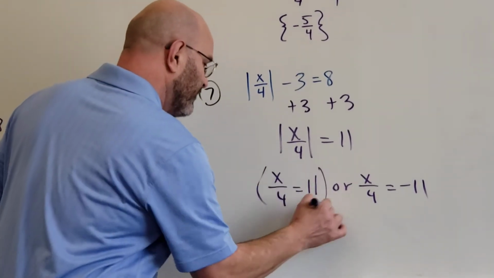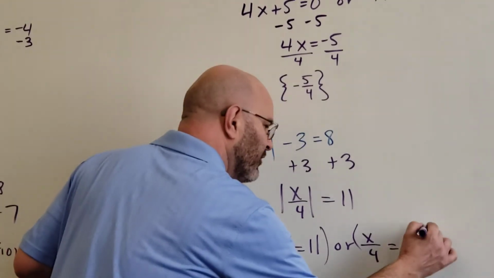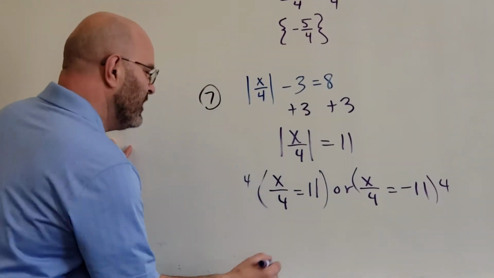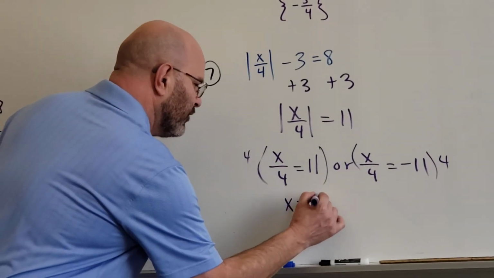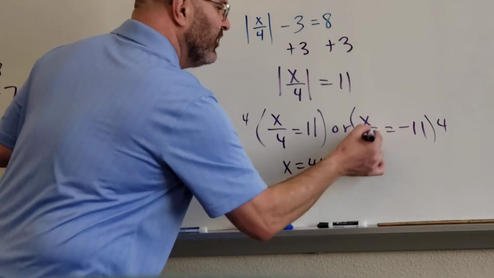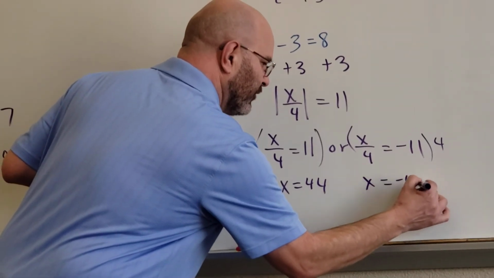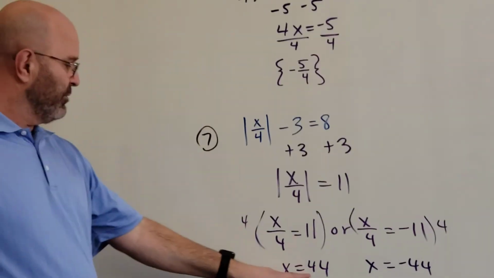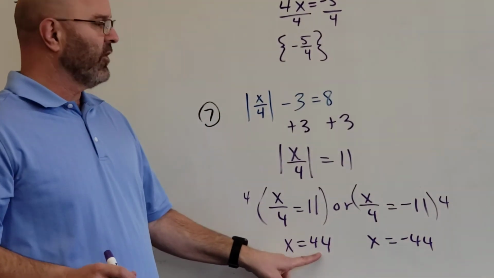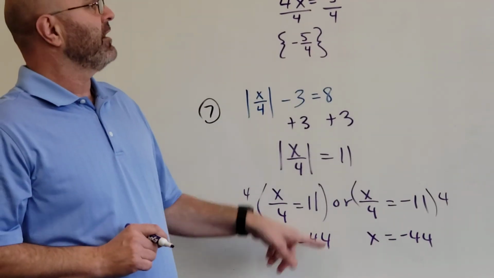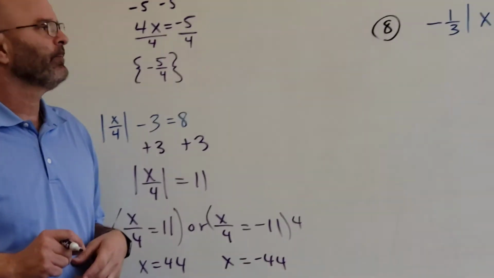If I multiply through by 4 here, and I multiply through by 4 here, I will get x equaling 44. And here, if I multiply through, I will get x equaling -44. It's a good idea to put these in the squiggly brackets like I've been showing, but in the interest of time, I'm going to go straight to problem 8.